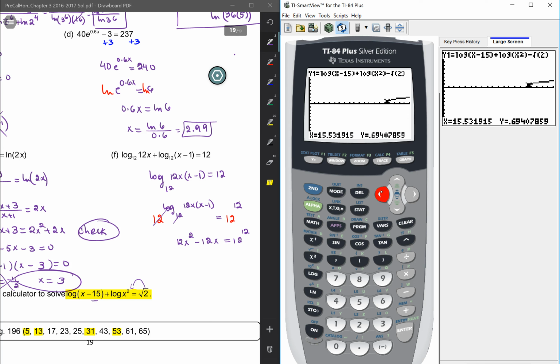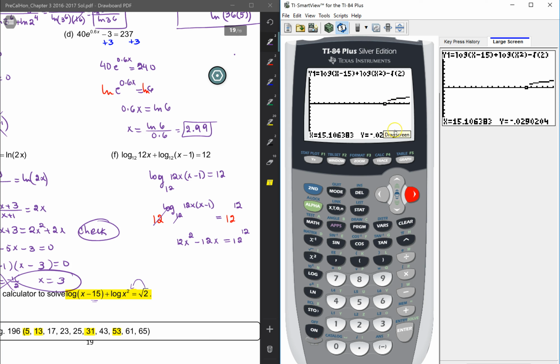Okay, so here's the trick. You see how at y equals 15.5, it's a positive value for y? Go to the left, and there is nothing there. So now I want, ooh, look at that. There is a negative value there. That means there must be a 0, right? Because it switches from negative to positive. Okay, this is a horrible window because I can't see anything, right?